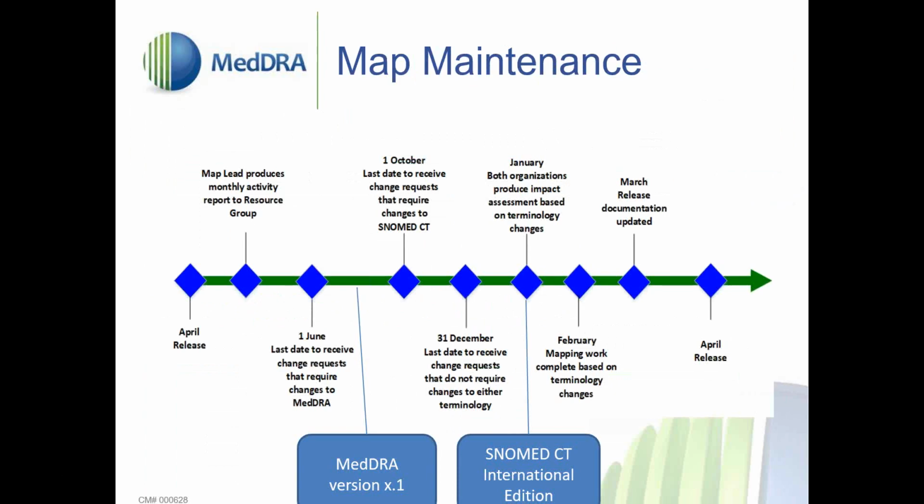The hope is that we would be able to complete all of those requests within 30 days of receiving them. However, depending on when you submit them versus when we perform the mapping, it could be a little bit longer than that. But that is the hope, that we would be able to turn those around fairly quickly for people.